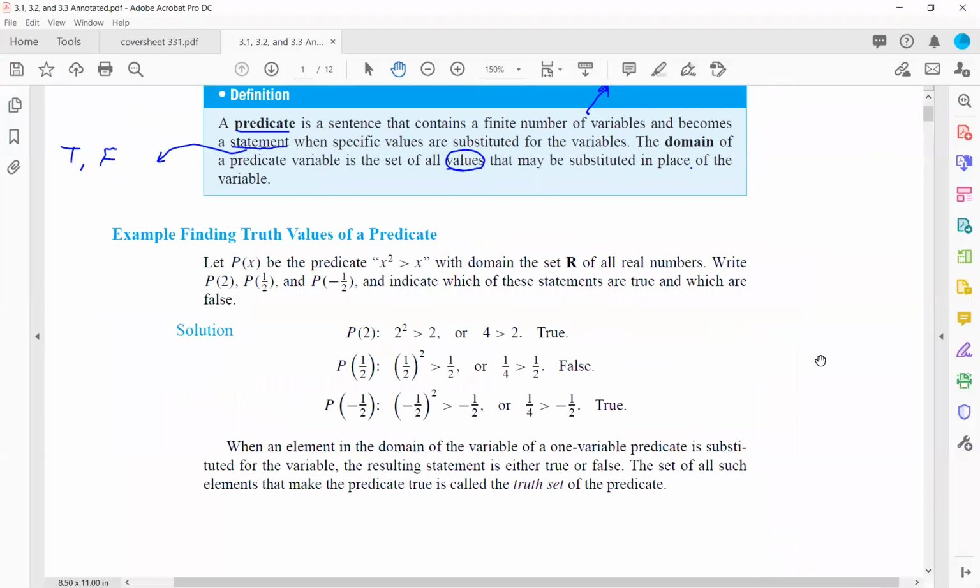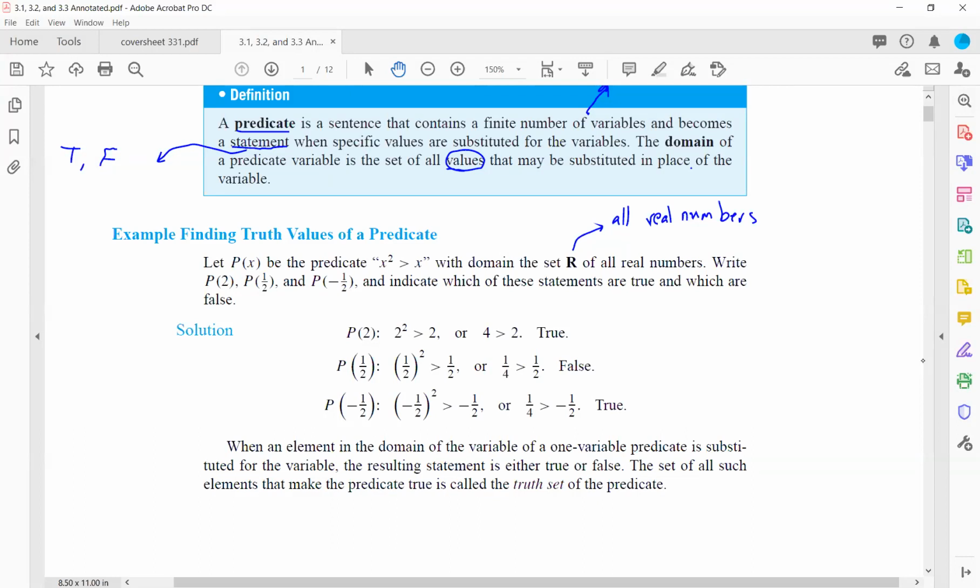Let us go over one example to feel more comfortable about this topic. Suppose P of x is a predicate which says x squared is always greater than x, with domain set R, all real numbers. The question says write P of 2.